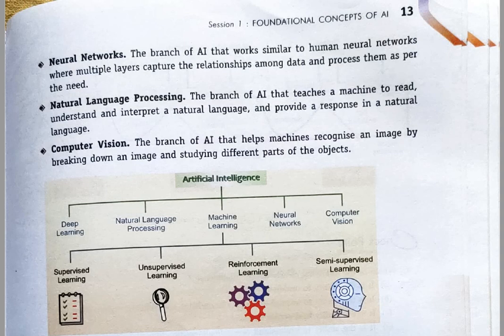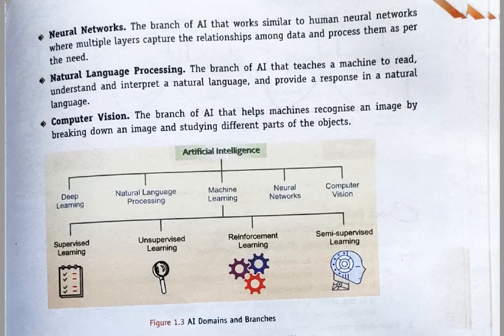And the last one is computer vision. The part of AI that deals with visual things is called computer vision. It helps machines recognize an image and then do calculations on the image.